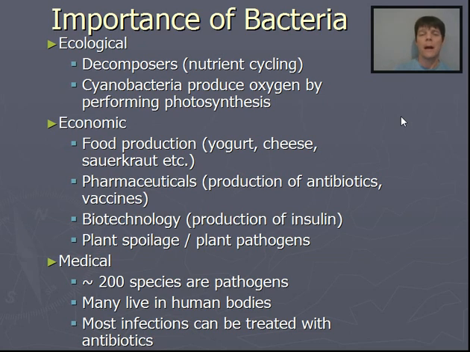However, there are some bacteria which are developing resistance to antibiotics, so this is the challenge in medical science, to try to find new ways to treat infections of bacteria that are resistant to the antibiotics that have been successful in the past against bacterial diseases.